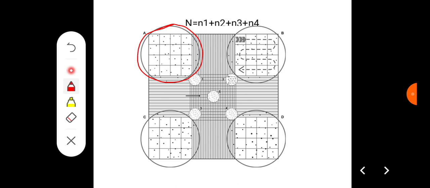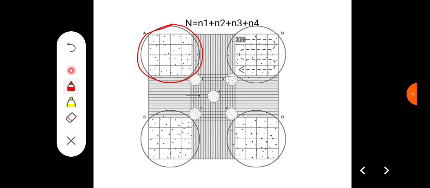The WBCs are observed as round dots which are refractile in nature, and you have to differentiate them from the dust particles, which have rugged margins and are non-refractile.